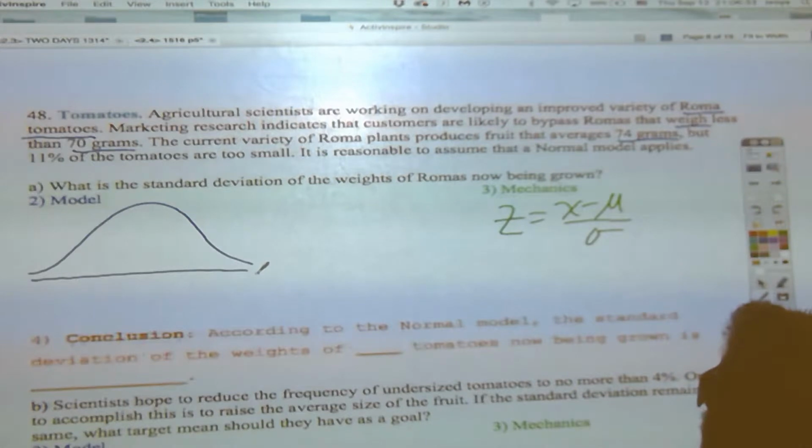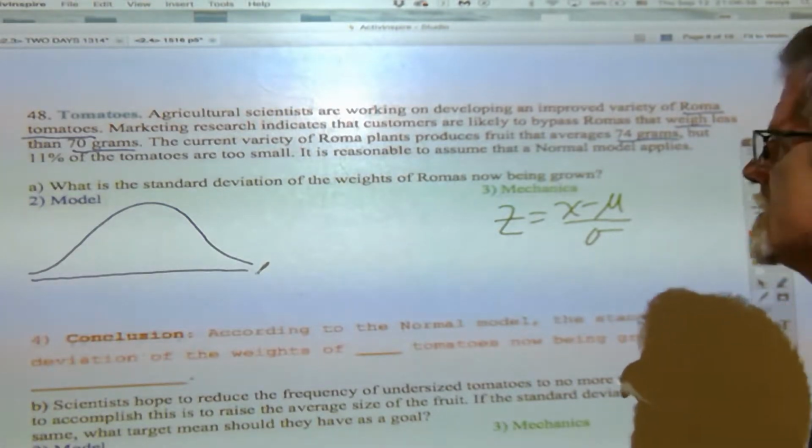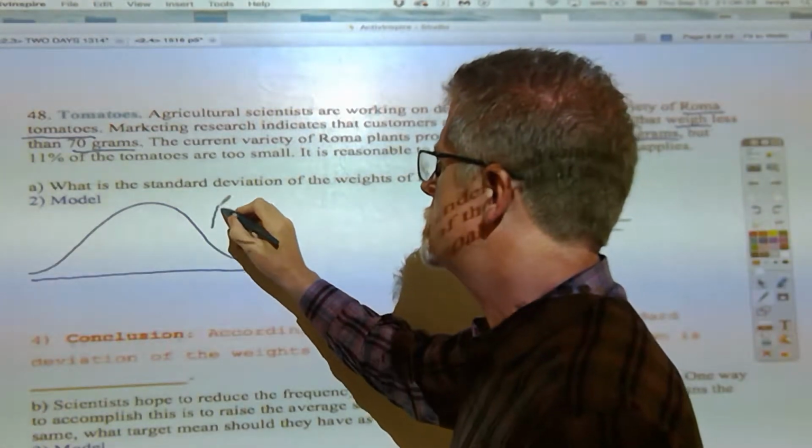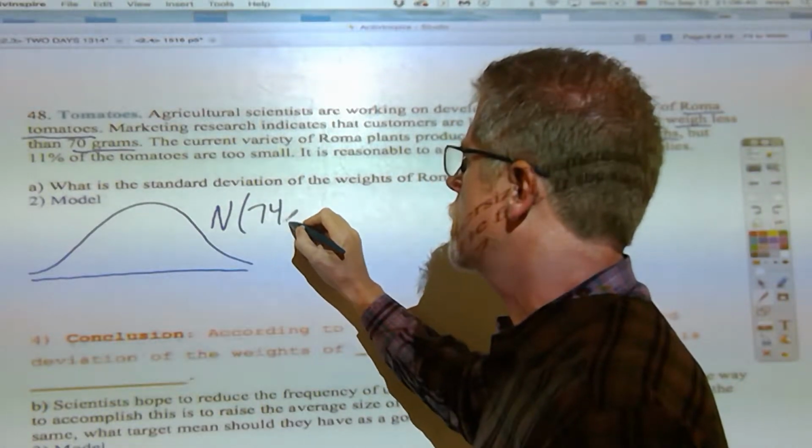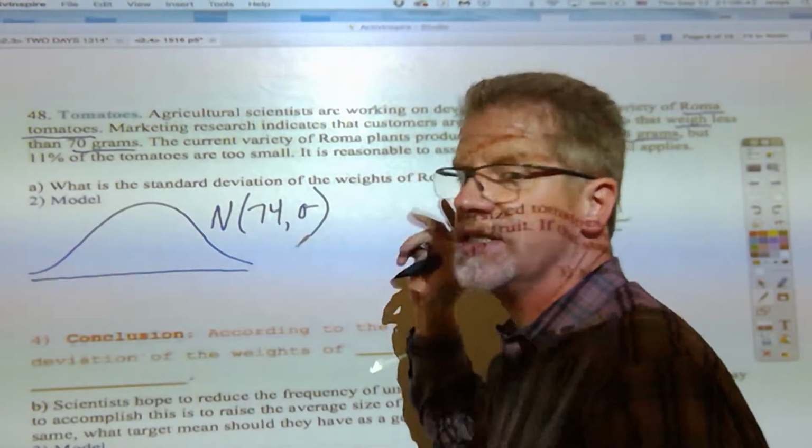The current variety of Roma plants produces fruit that averages 74. So the model that we'll use will be a normal model with a mean of 74. Notice the standard deviation is unknown.